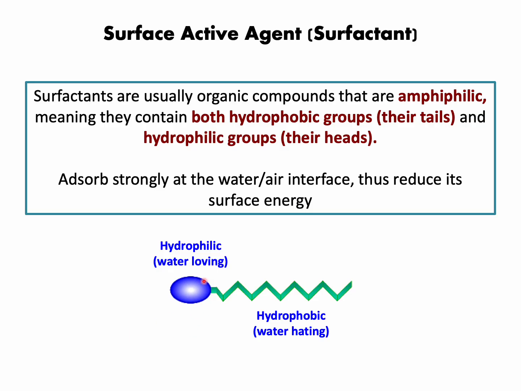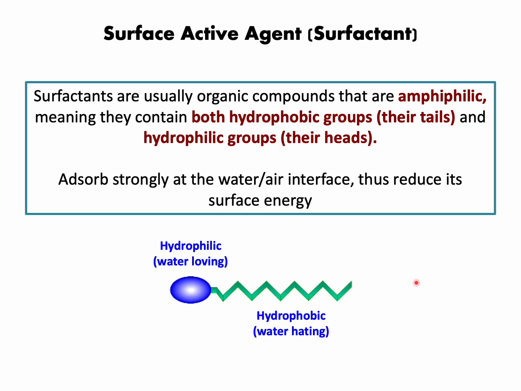One part of the molecule is hydrophilic, which means it is water loving, and this is known as the head. The other part is hydrophobic, meaning it is water hating, and this is known as the tail.